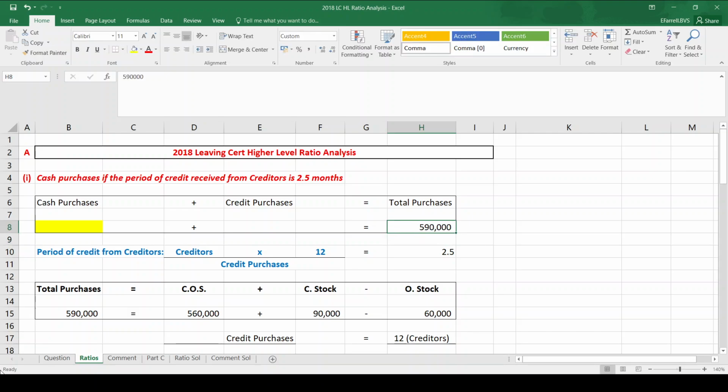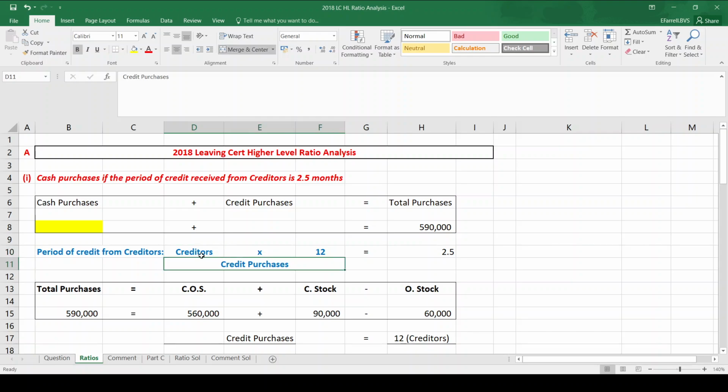So now I know my total purchases are 590,000. From the information it gives us, we can work out credit purchases because it tells us the period of credit received from creditors is 2.5 months. So we let the ratio for period of credit from creditors equal 2.5. And that ratio is creditors over credit purchases multiplied by 12, because my answer is in months, and that's equal to 2.5 months.